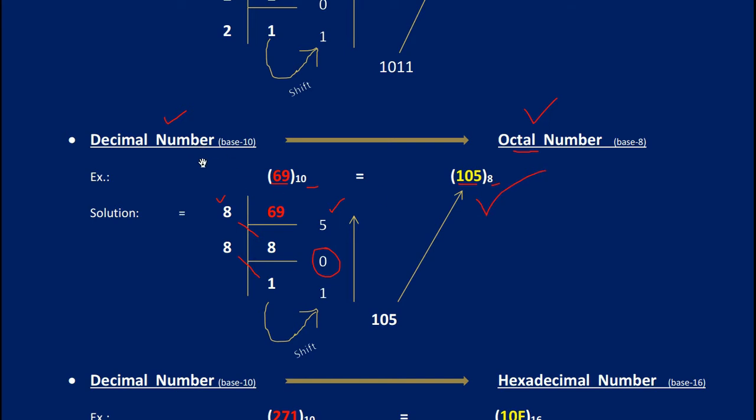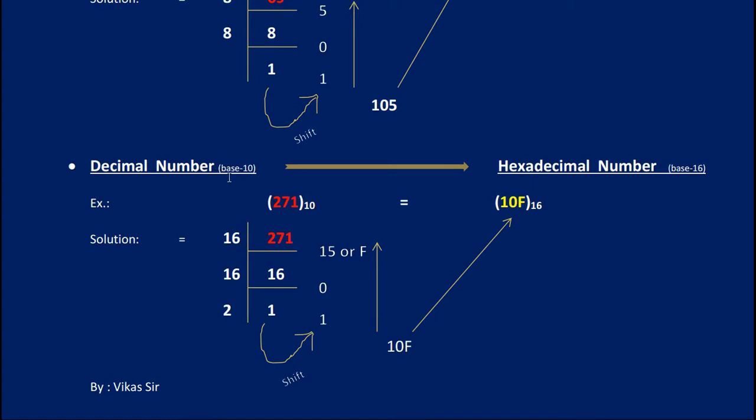And at last we have to convert the decimal number system having base 10 into the hexadecimal number system, which has base 16. So if we take the example of 271 of the decimal number system that we have to convert to hexadecimal, write 271 here and divide this number by 16, because we have to convert this decimal number system into the hexadecimal number system, that means 16.